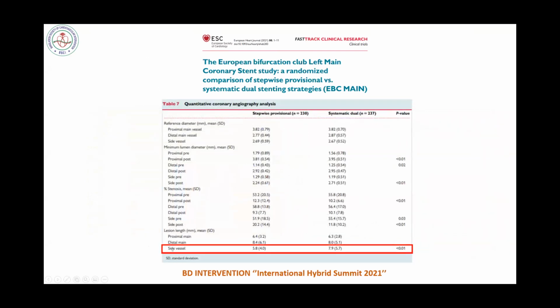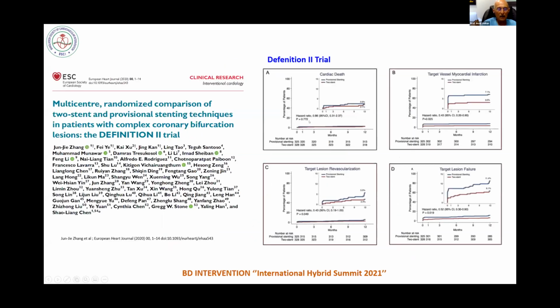But if we look at the side vessel, what was considered the side branch, you can see that in both arms the side branch lesion length was inferior to 10 millimeters. That means it was a short lesion in both groups.